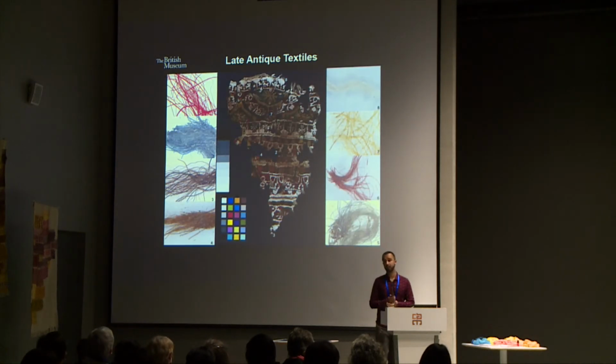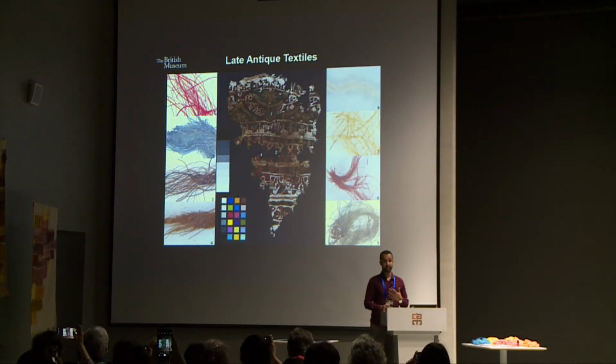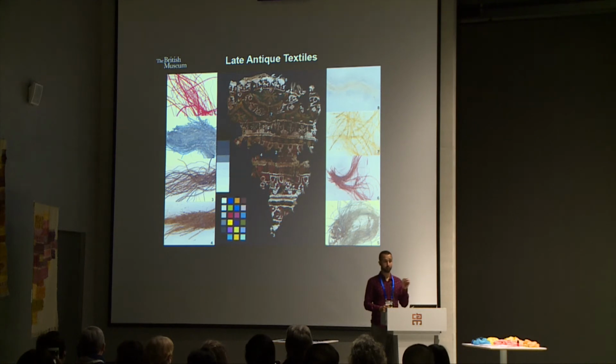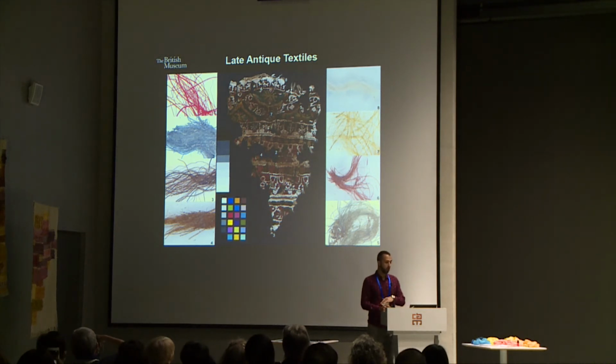As I said, we could analyze other textiles, not just the socks, so we could test the method on a more difficult pattern, because you can see here you don't have these very nicely defined areas.